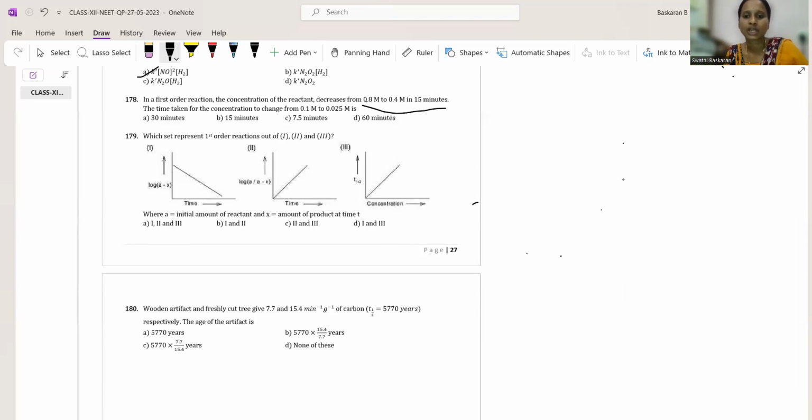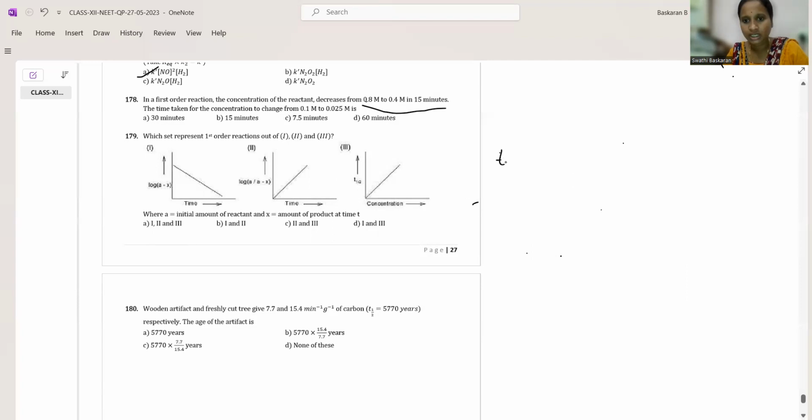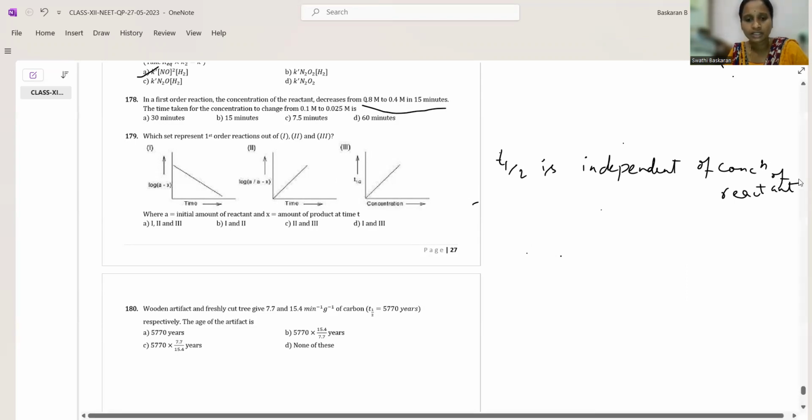So all of us know that for a first order reaction, T half is independent of concentration of reactant, and hence the third graph is wrong.